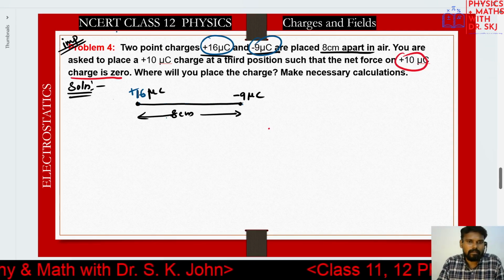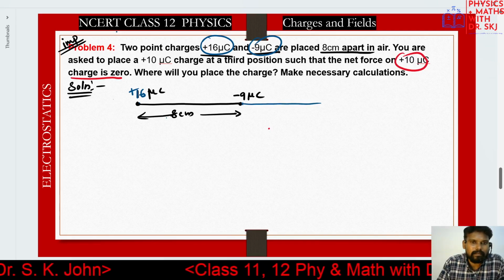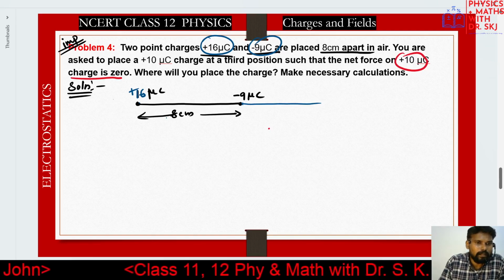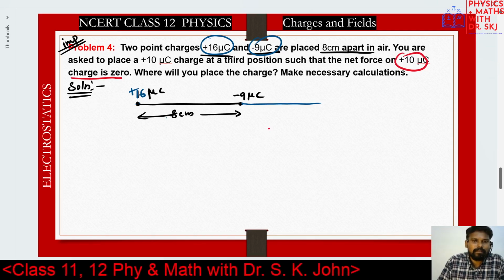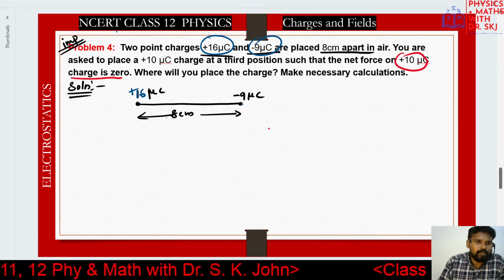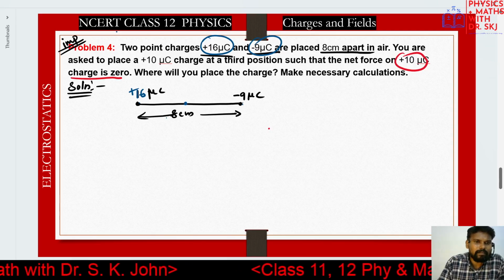Or on the right side of this minus 9 microcoulomb charge, or on the left side of plus 16 microcoulomb charge. So suppose you are placing the plus 10 microcoulomb charge somewhere here.